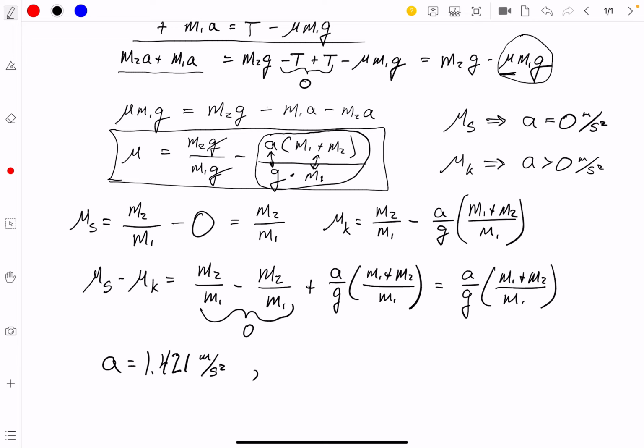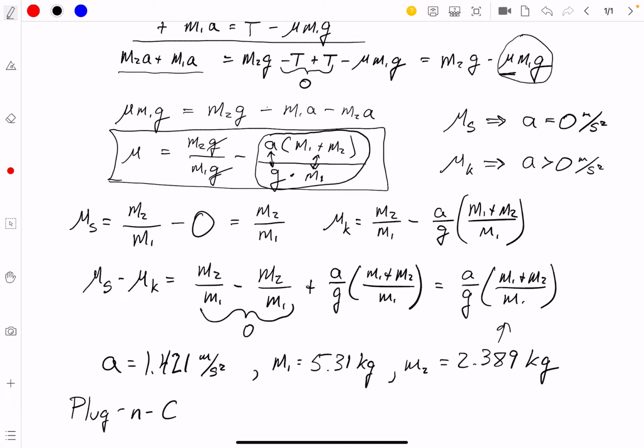My m1 was equal to 5.31 kilograms. My m2 is equal to 2.389 kilograms. And we just take all those things and shove them in there and do our plug and chug.